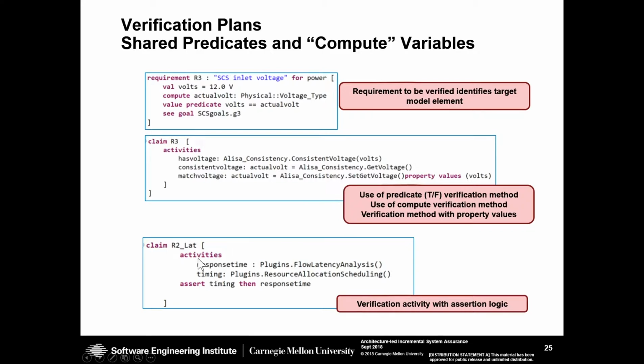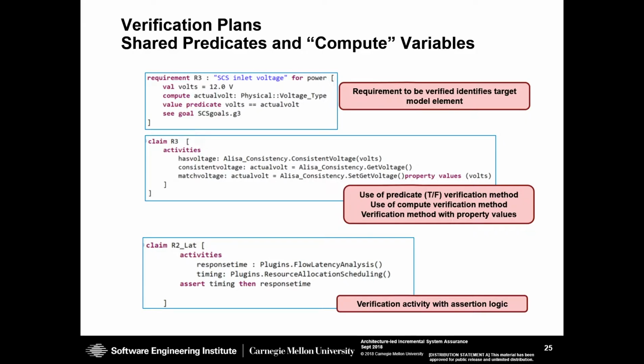At the bottom, we have an example of a verification activity for the claim of latency that makes use of some argument logic. What we have is actually two activities. One is doing some scheduling analysis, and the second one does flow latency analysis.